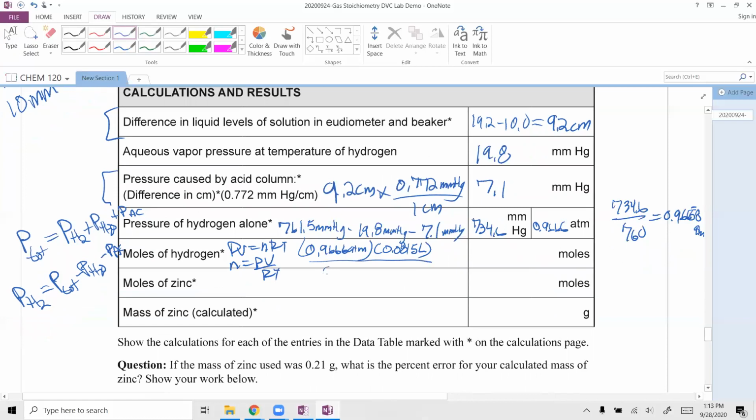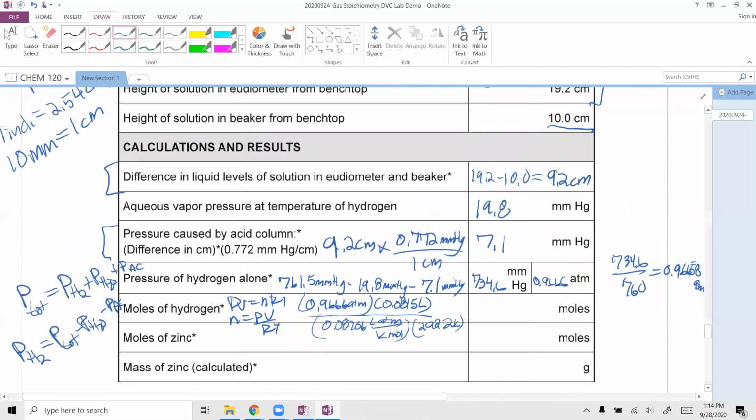We have our R, 0.08206 liters atmosphere per K mole. And we have our temperature, 292.2 Kelvin. So 0.9666 times 0.0815 divided by 0.08206 divided by 292.2.